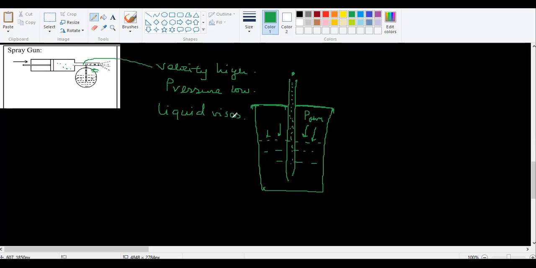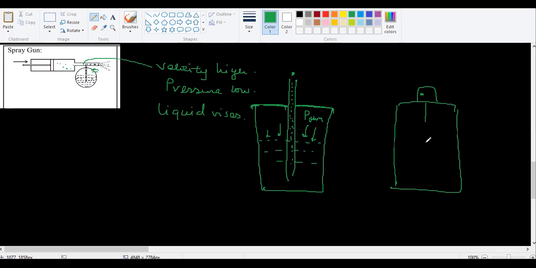As I told you, it's not only the spray gun, even in your scent bottles and deodorants, you use the same principle. When you're pressing the knob on the top, you have something like this, and there is a hole here. When we press this, we are rushing the air through it.